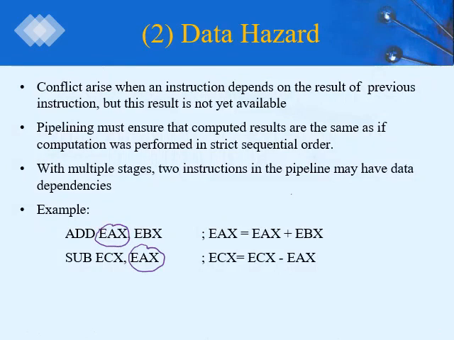Because in pipeline, you are doing the stages separately. So before EAX can be updated with the ADD instruction, SUB has already fetched EAX, and that might be the old value of EAX instead of the current value after instruction 1.